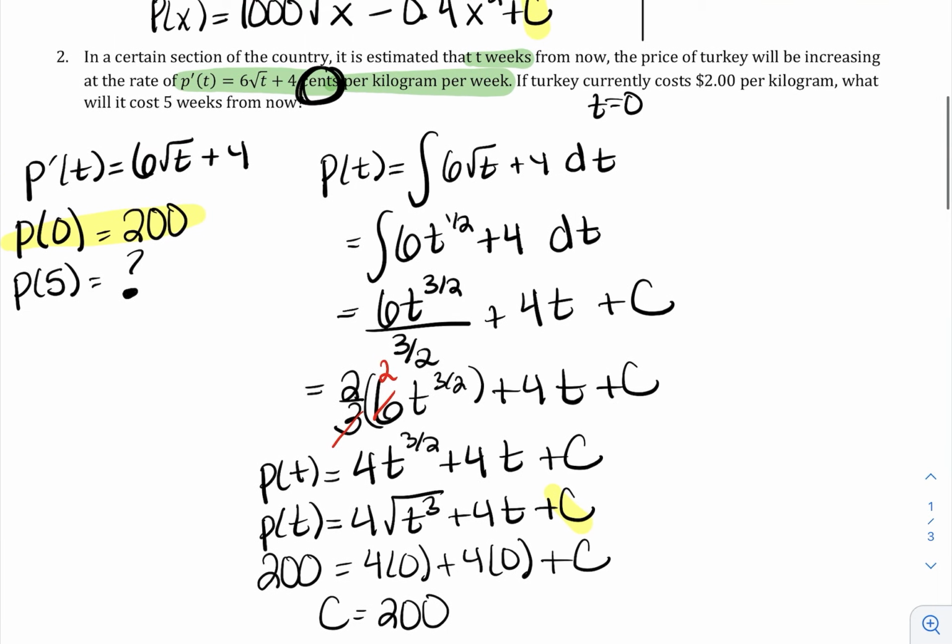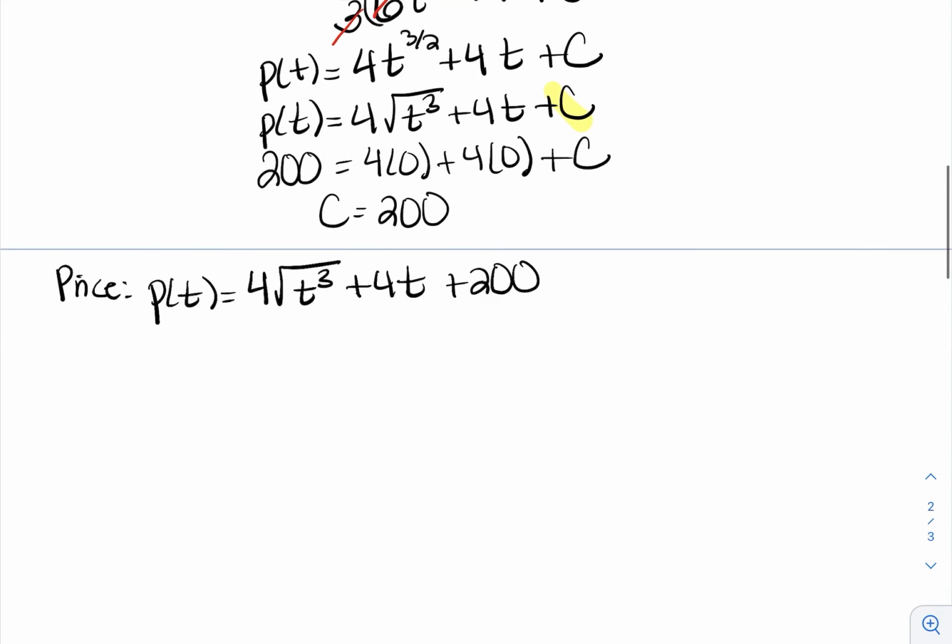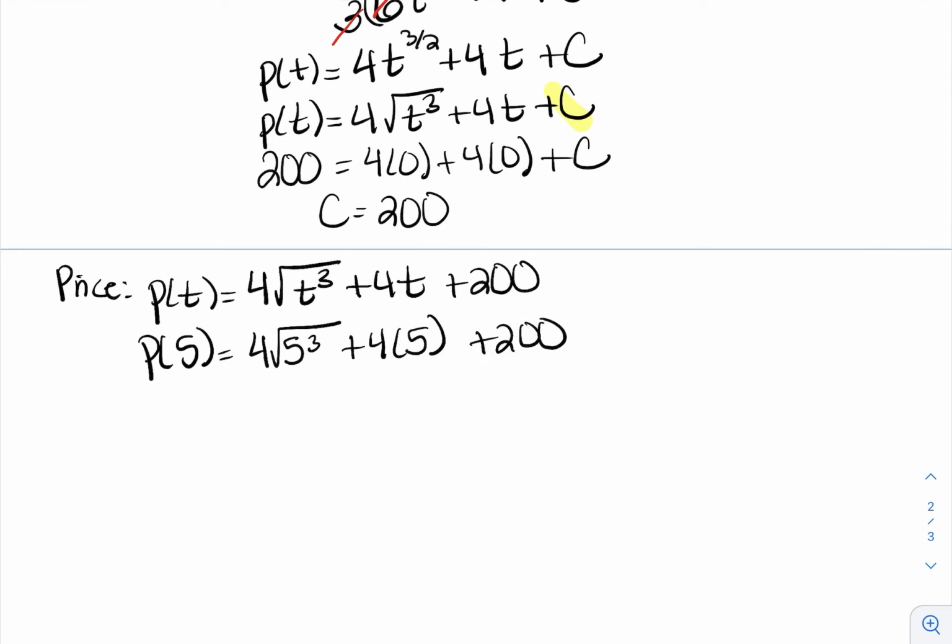So remember what the question was asking you, it's asking you 5 weeks from now. So P of 5 is equal to 4 square root of 5 cubed plus 4 times 5 plus 200. So the process is the same, but of course the wording is a little bit different, which can of course be the tricky part of a word problem, putting the words into math symbols.